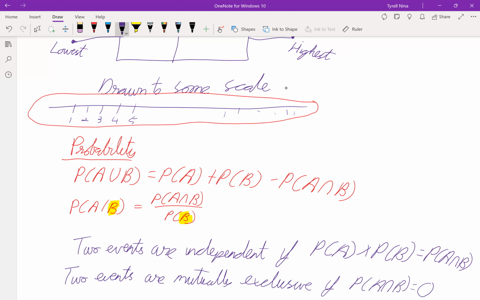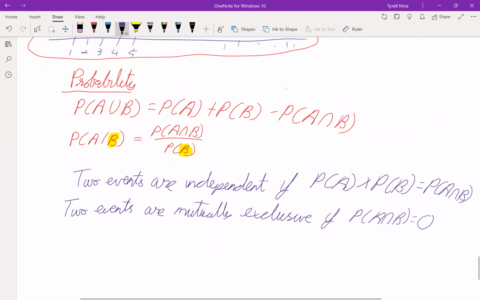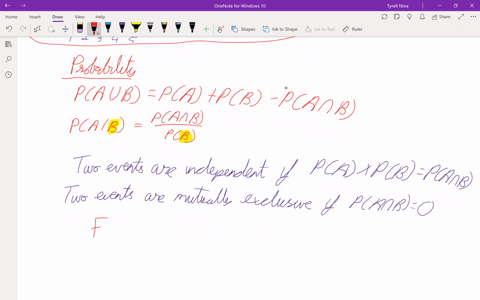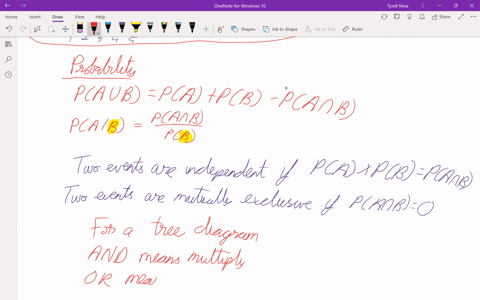And for a tree diagram, and means multiply, or means add.